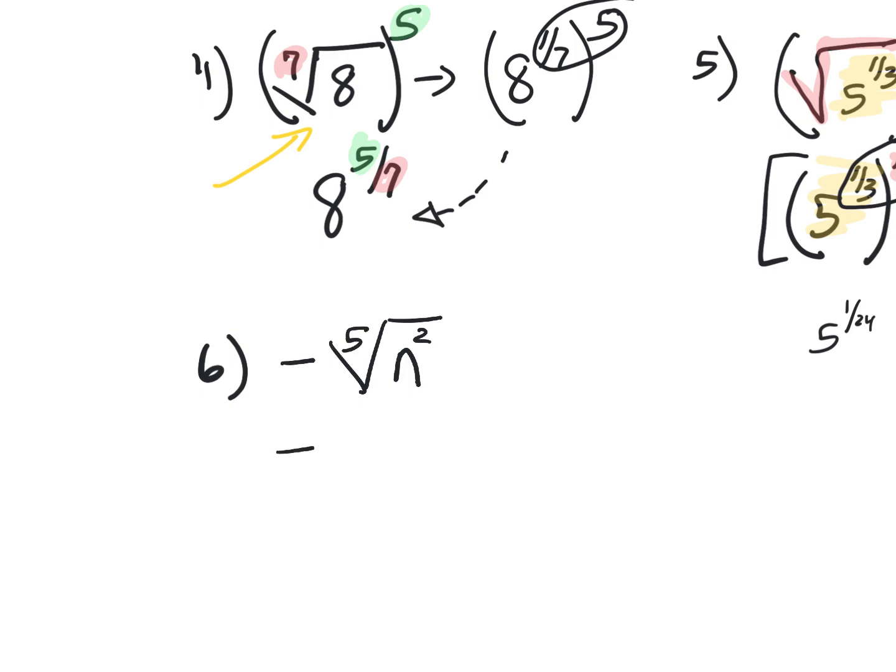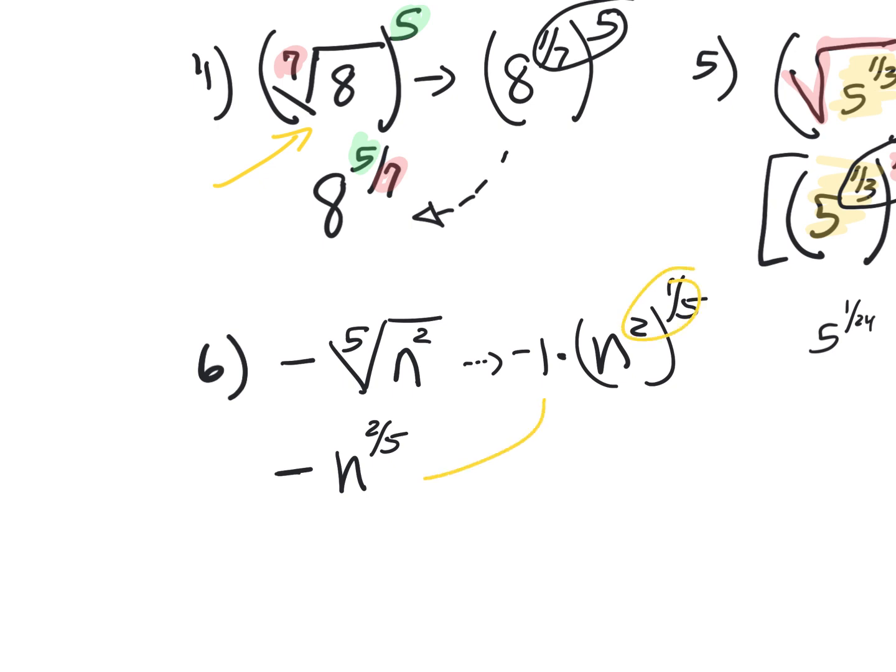That would be negative n to the 2/5 power. And if you're asking why, I wouldn't have the negative on the inside, so I actually would not have a parentheses around that base. So again, that would be like saying -1 times n squared to the 1/5 power. And then when you do a power to a power and you multiply, that's how you end up getting that.